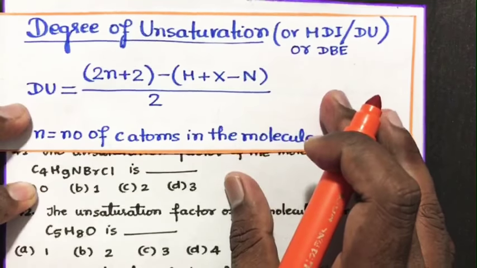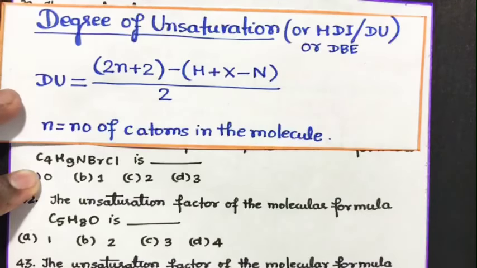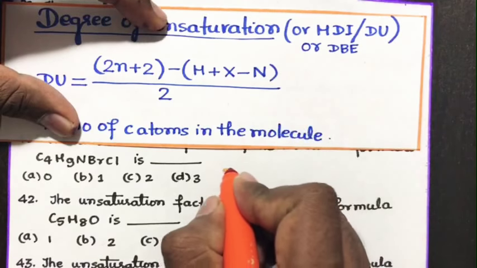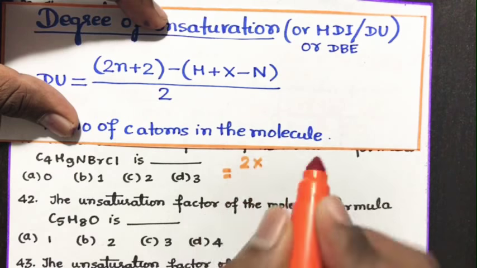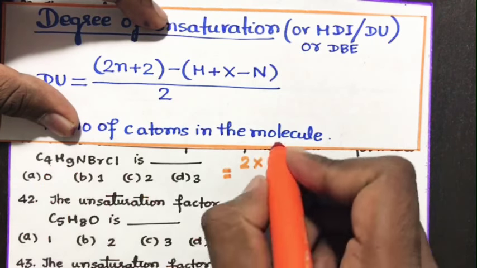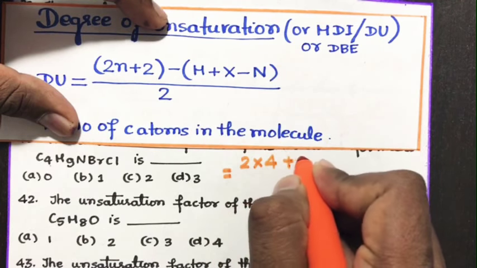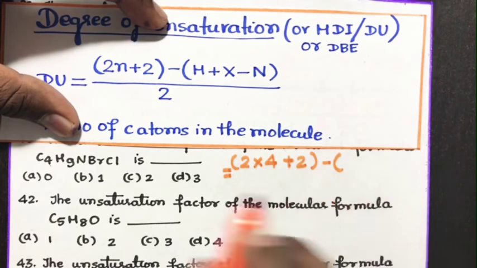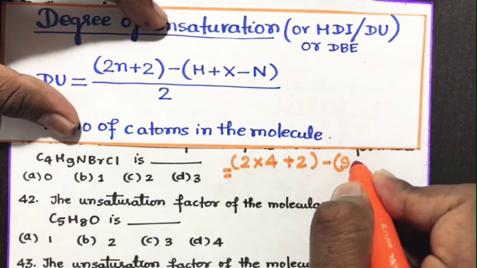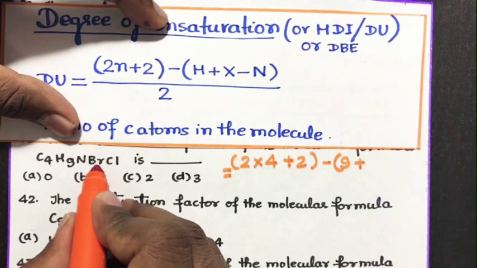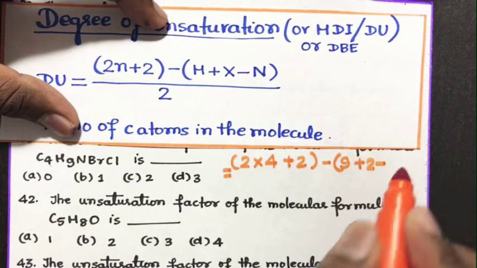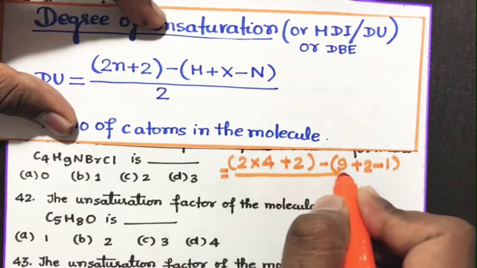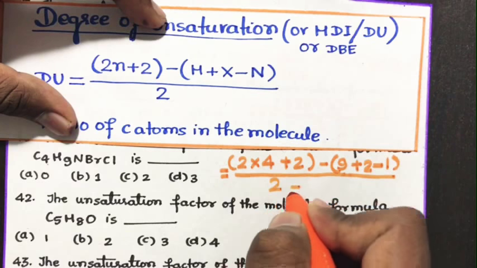This is the formula for calculation of degree of unsaturation, and in this case we have 4 carbon atoms, so this will be 2 into n plus 2, minus number of hydrogen atoms, that is 9, plus number of halogens, that is bromine and chlorine, so this is 2, minus number of nitrogen, that is 1, divided by 2.